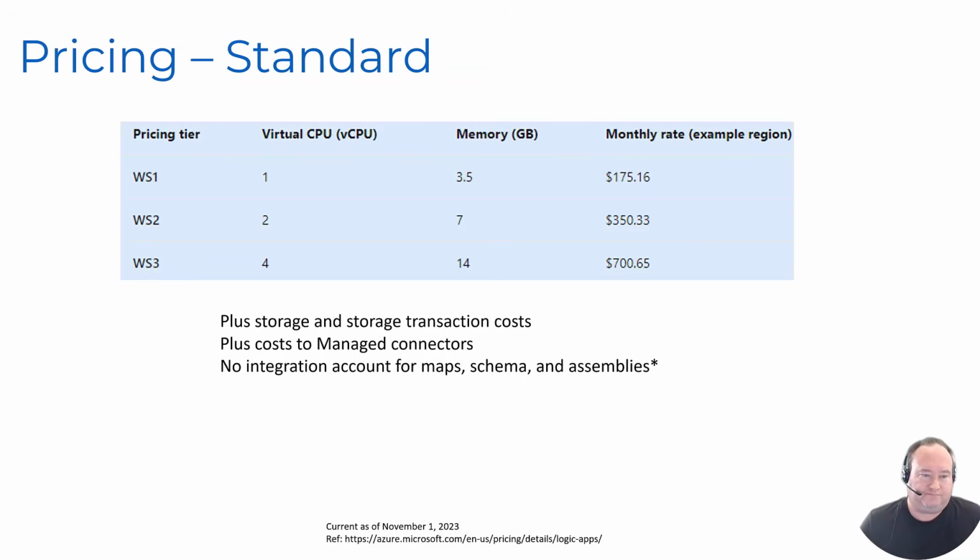So what's the pricing on standard? This is going to be for the standard app service plans. These would be what we would build our components against in the Azure portal, for example. They have a monthly rate of between $175 a month and $700 a month. Now, with this, there are also other charges such as storage transaction costs, and then there's still the cost of those managed connectors.